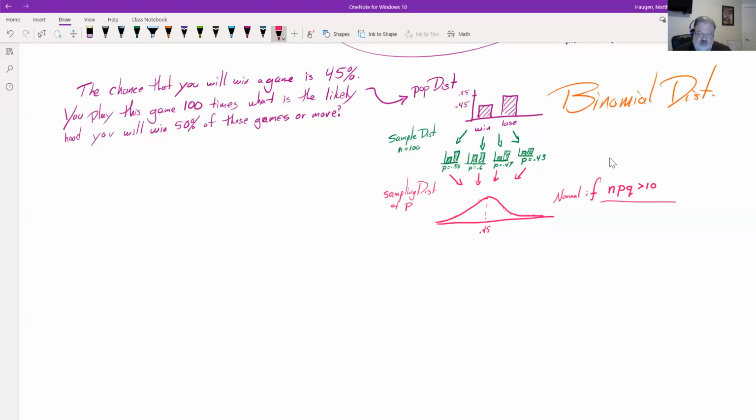So for that npq, lots of people will say if it's bigger than 5, you're okay. Some people say it's got to be at least 15. The 10 is a fairly middle ground value. So we want to test that. Is 100 times 0.45 times 0.55 bigger than 10? Yeah. It should be like, what, 23, 24, something like that.